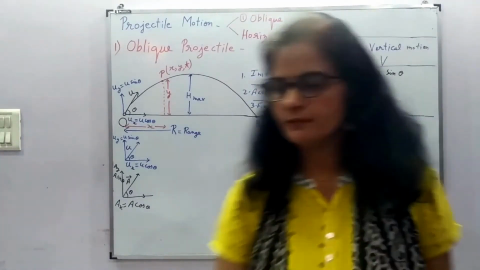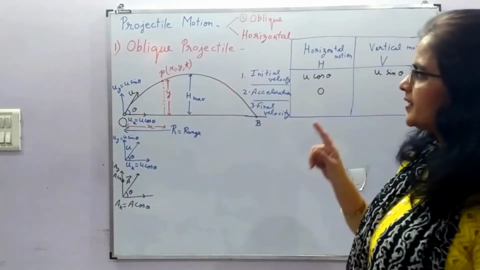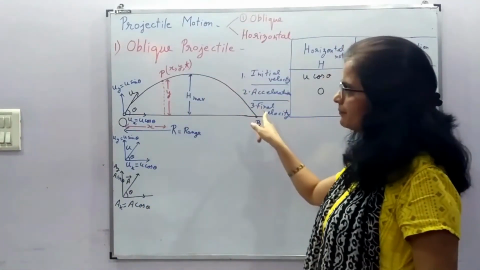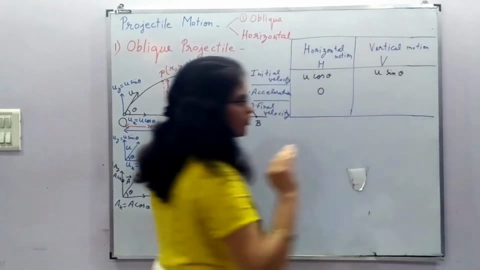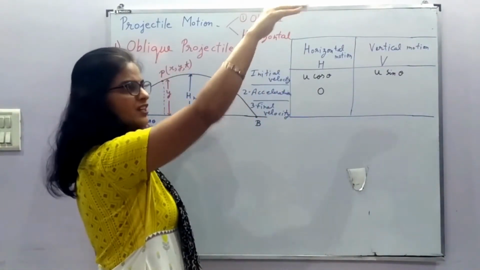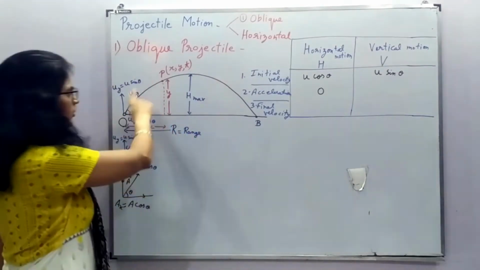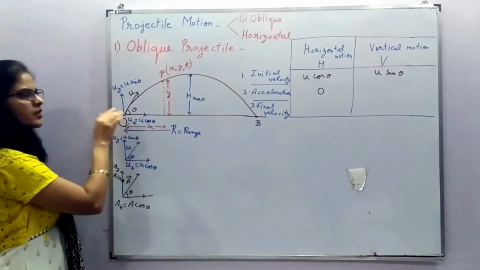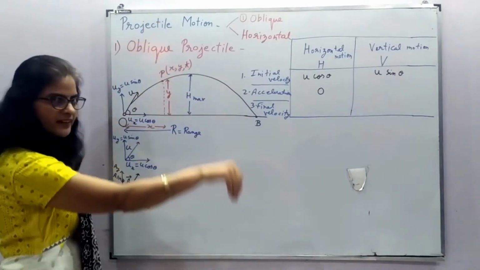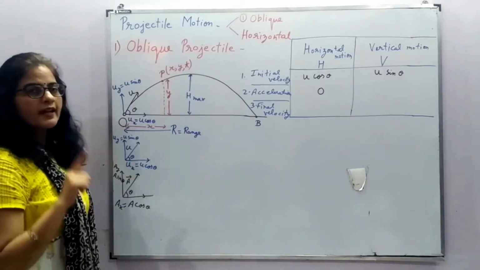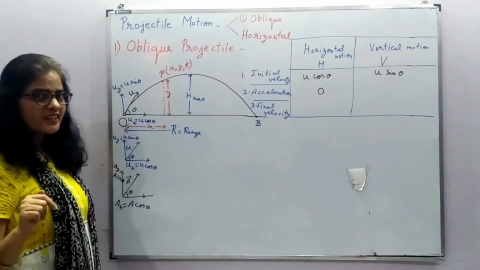In this case, the body is initially thrown up and then it falls down. So at the point when it is thrown, the direction of motion is up and the body finally comes down under the effect of gravitational acceleration.